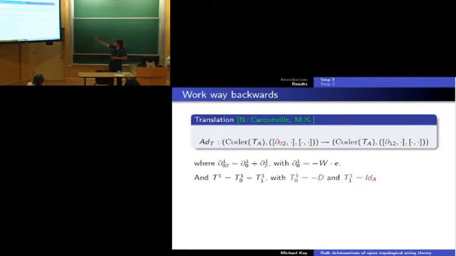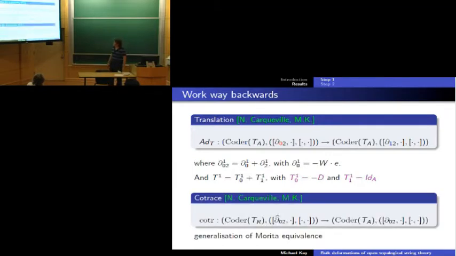Now this T_0 is what is responsible for the presence of the matrix factorization D in the Kapustin-Li pairing. And in this curved algebra, the product is the same product as before, and the curvature is minus the potential W. The second map is the cotrace map.